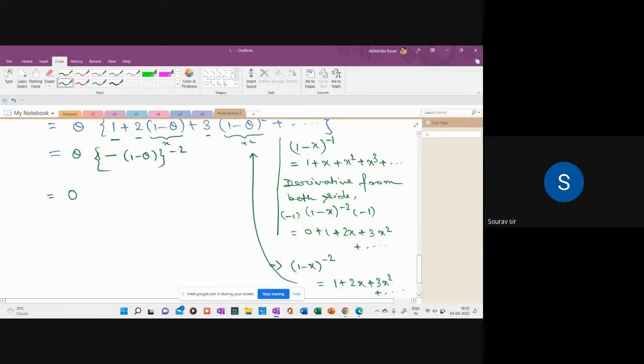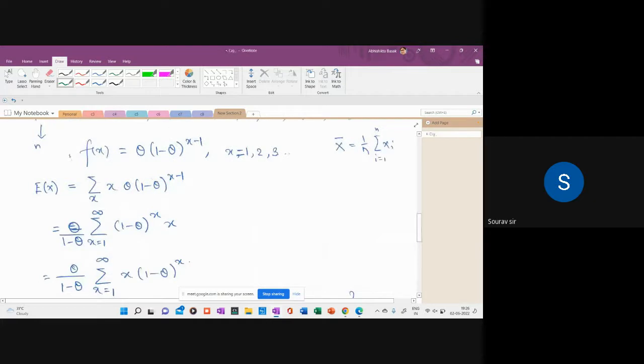So that is going to be theta into (1 minus 1 plus theta) to the power minus 2. That is, 1 gets cancelled out. Theta into theta to the power minus 2, that is theta to the power 1 minus 2, that is 1 by theta. That is going to be the mean of this particular distribution.